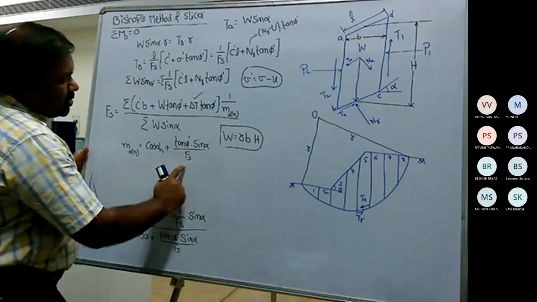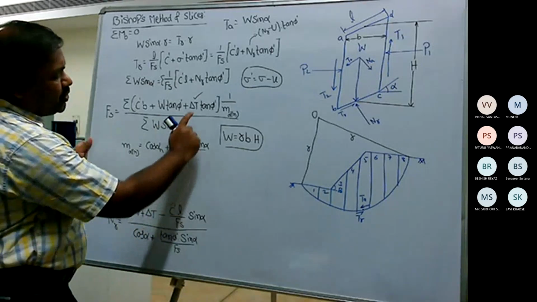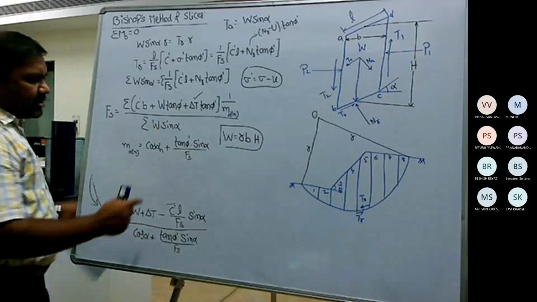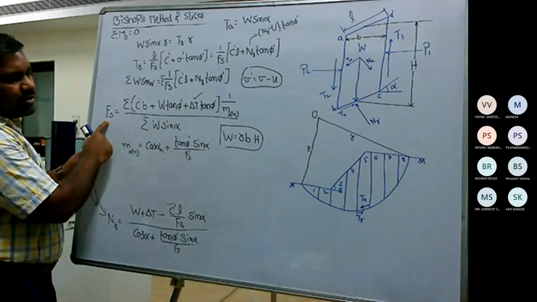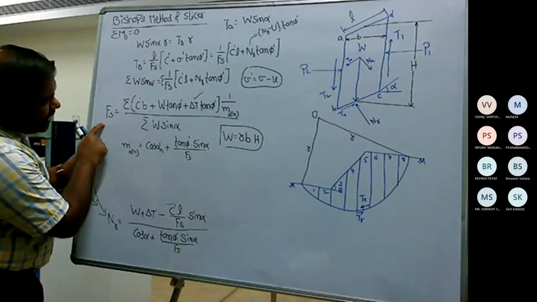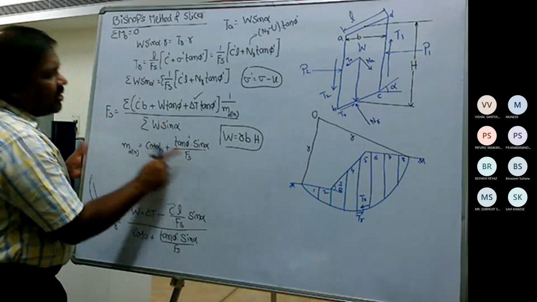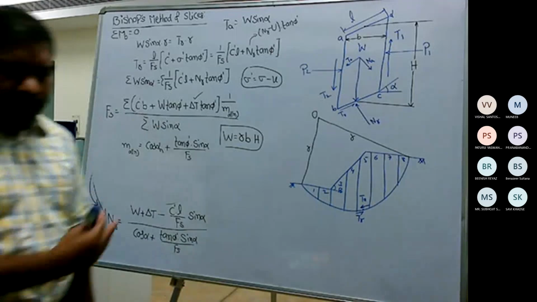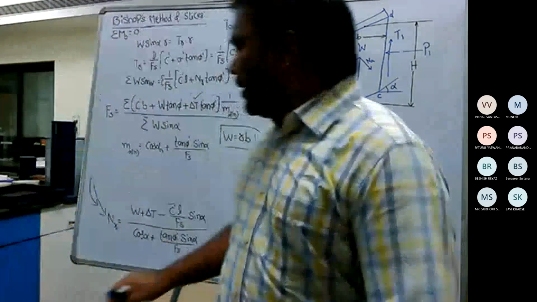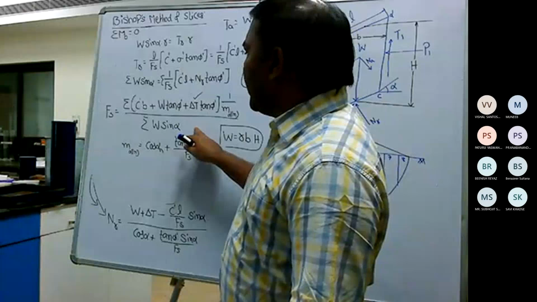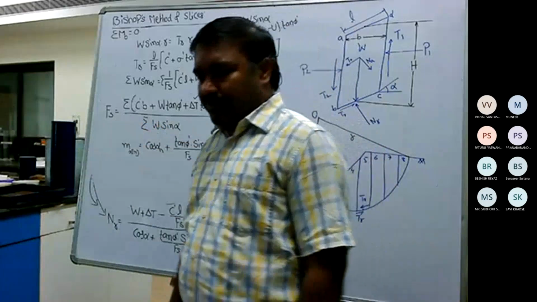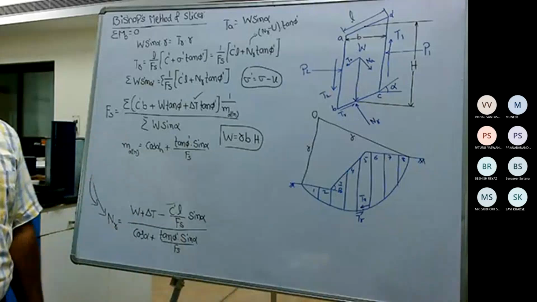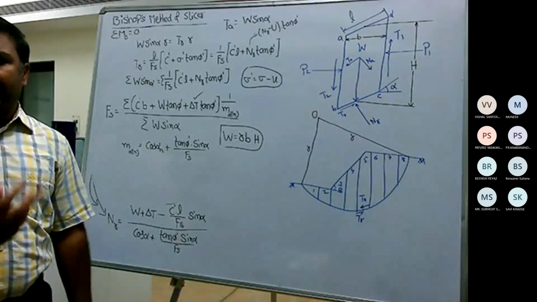Therefore, you have to assume the delta T of the element and the initial factor of safety value such that the Fs on the right side will be equal to the Fs on the left side. This is the principle that is normally followed. So now you can understand how complicated it is to manually calculate the factor of safety value. When the same term exists on both sides of the equation, you need to make a lot of iterations.